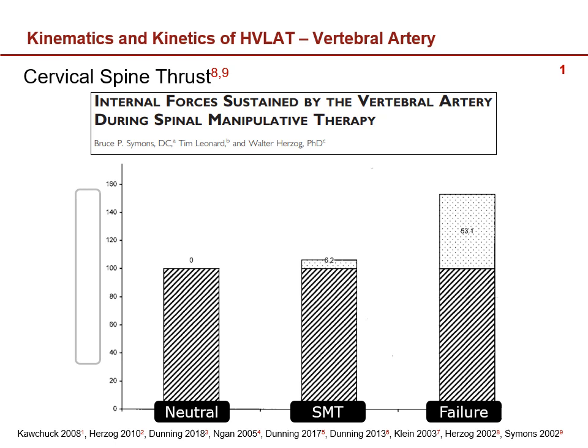It's only approximately 12%, if you were going to do the math, of relative strain that the SMT put on the vertebral artery. And this 12%, as we saw, was comparable to that of rotation and VBI testing.